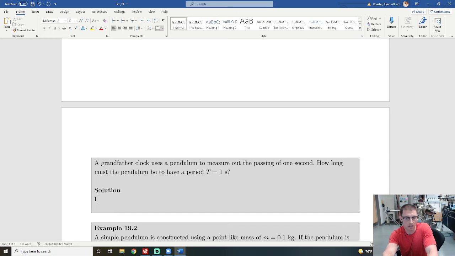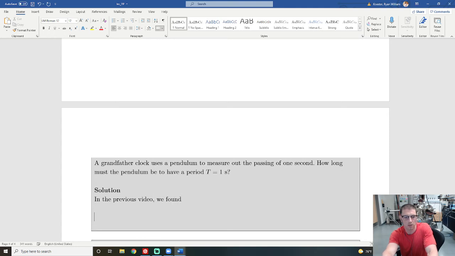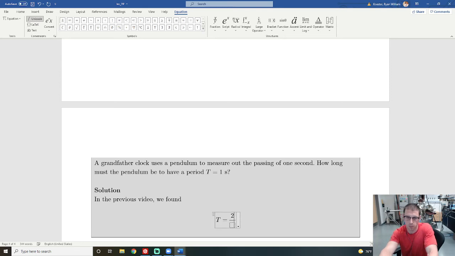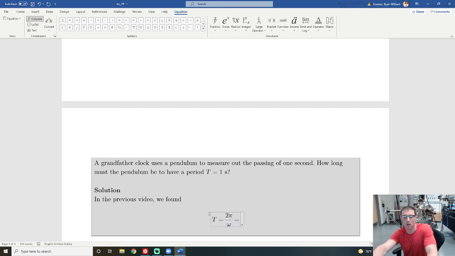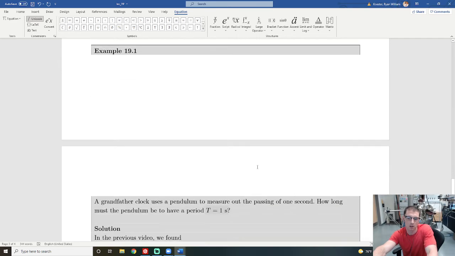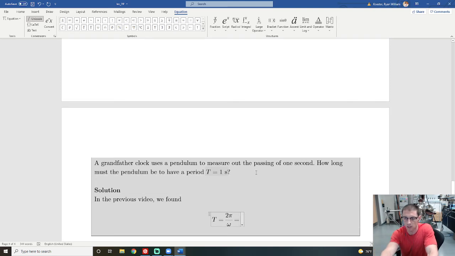In the previous video, we found that T equals 2 pi over omega. Now, we found omega here. It's just the square root of g over L. So we can multiply 2 pi times the square root.